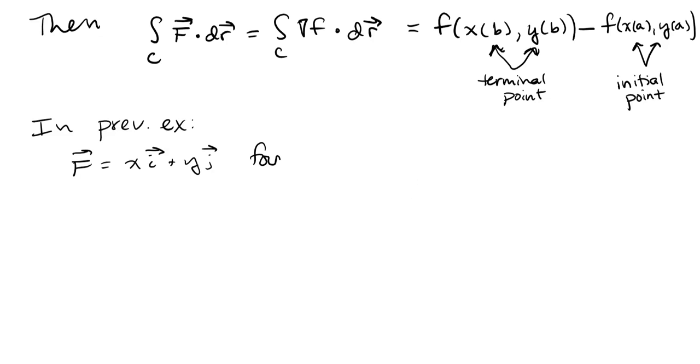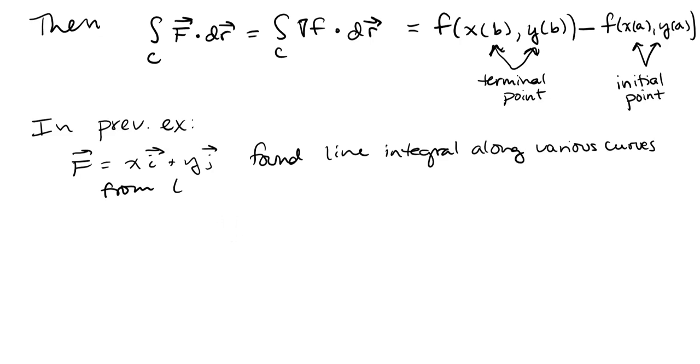We found the line integral along various curves from (0, 0) to (1, 1). We did the straight line y equals x, the square root function, and the y equals x squared function, and we all got the same thing in each of them.